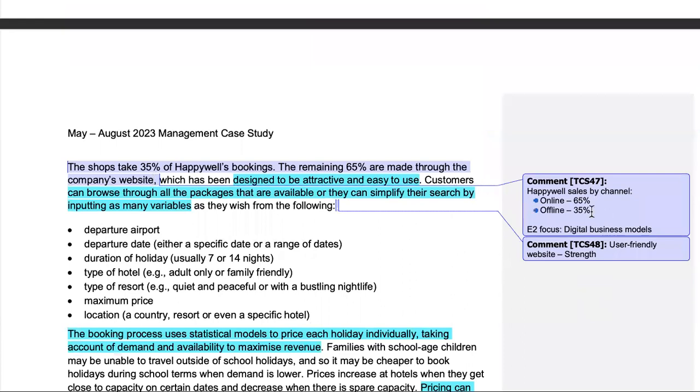The shops take 35% of sales via offline channels, through retail outlets, and 65% of sales are generated via our online website. So this is akin to the industry dynamics. I told you earlier that 30% of customers within the industry book their travel packages in an offline setting, and a similar scenario can be seen within our chosen company as well.